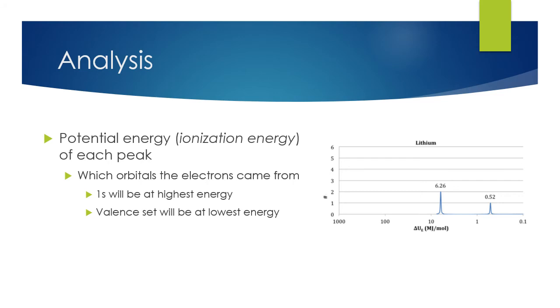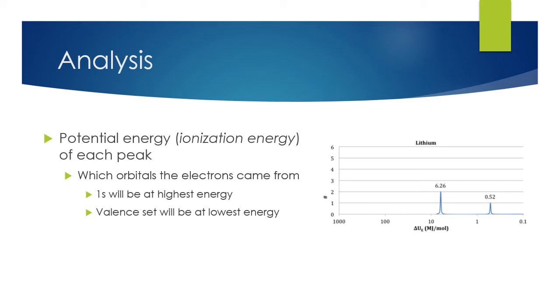The potential energy, or ionization energy, the x-axis, for each peak can be analyzed to figure out which peak corresponds to which orbital. Specifically, you want to locate where your 1s electrons are. They will be at the highest energy because they are closest to the nucleus and therefore they require the most energy to remove.